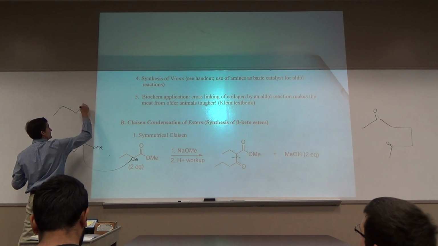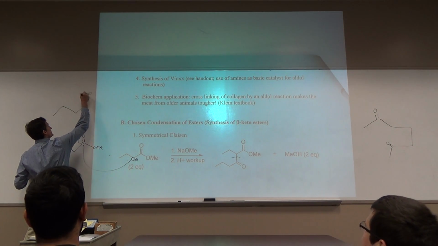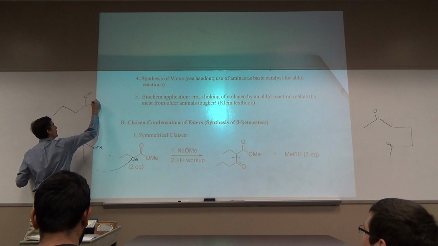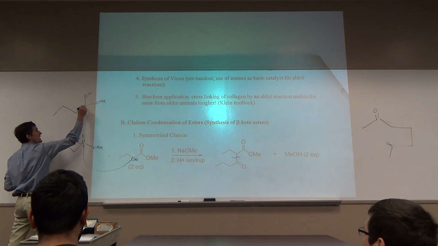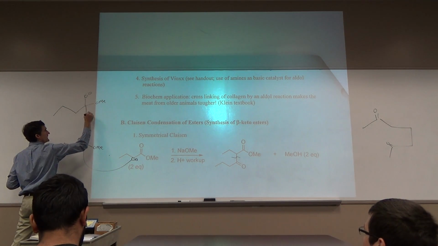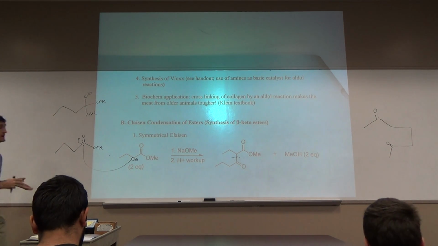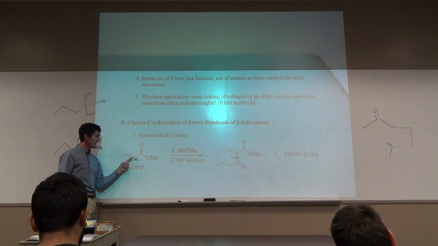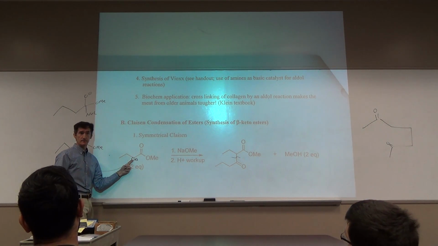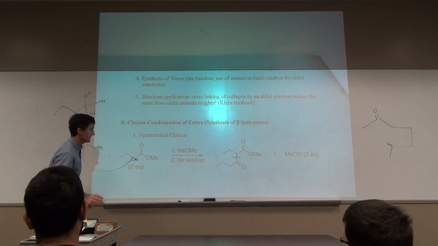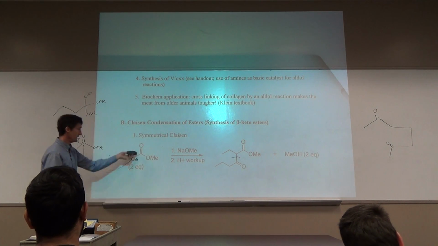Boom, boom, boom. Electrons up to give O-methyl minus. Now, don't write this, but I could have just said nucleophile adding to carbonyl, and we did that a month ago. But the nucleophile is this big old thing. It's the big old enolate anion. It's just big. You just have to take time to make sure you draw it right.